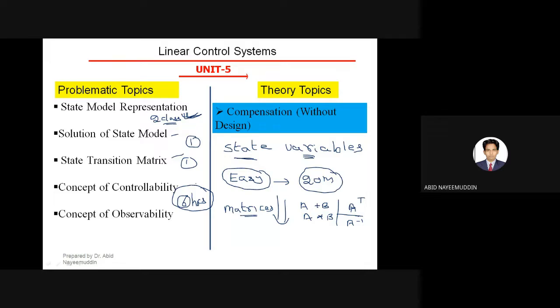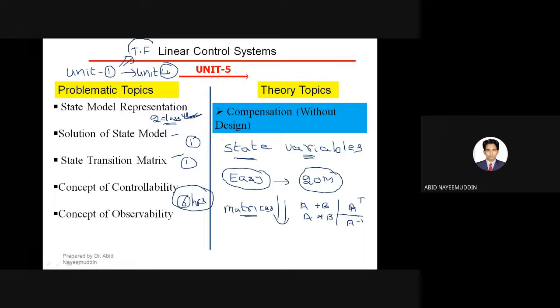Now let me go ahead with this first concept, the concept of state variables. The point to be noted is that from unit 1 to unit 4, we went only for describing the transfer function.